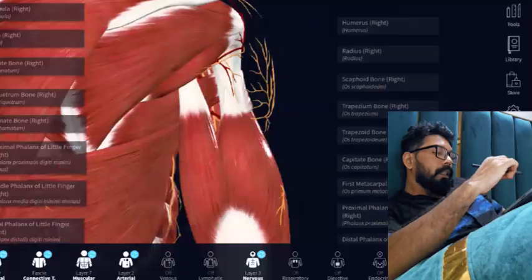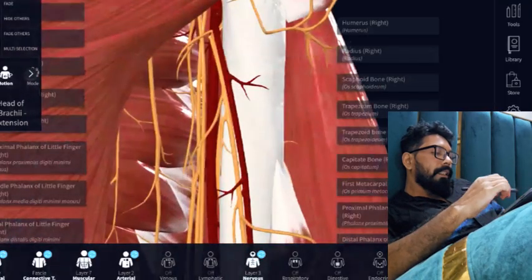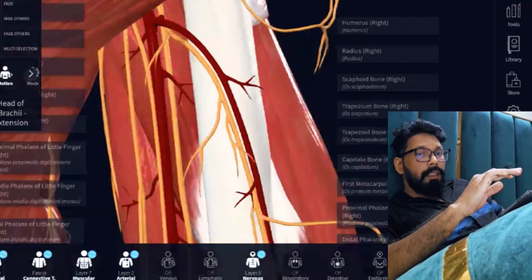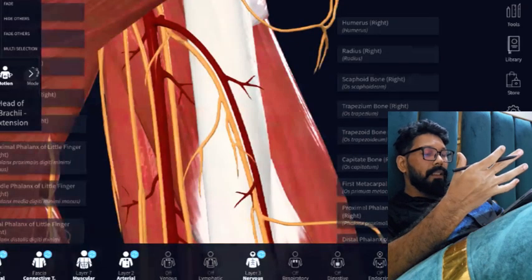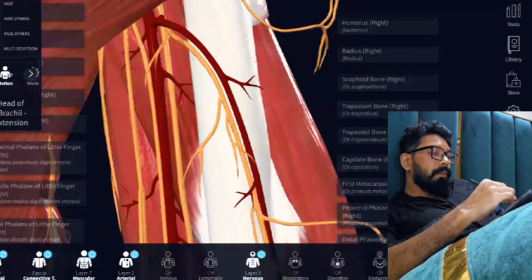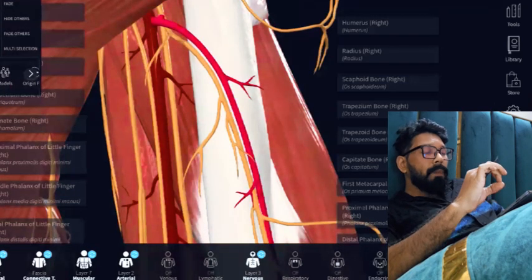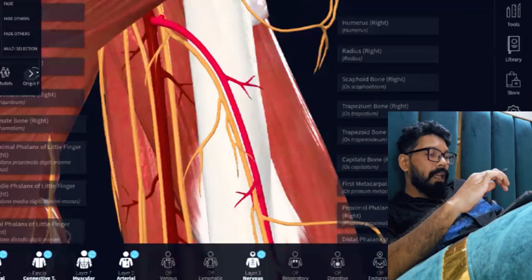It gives the periosteal supply. The periosteum contains the blood supply of the bone, and it will supply your bone. This is very deep, which is why it's named the deep brachial artery or profunda brachii.